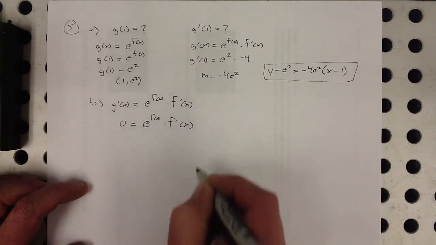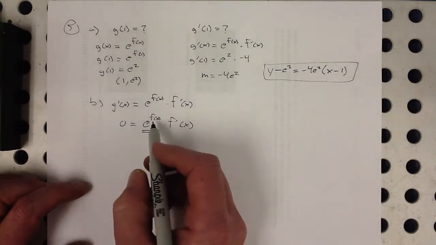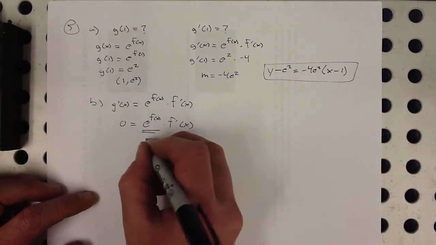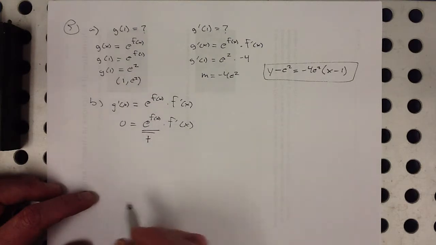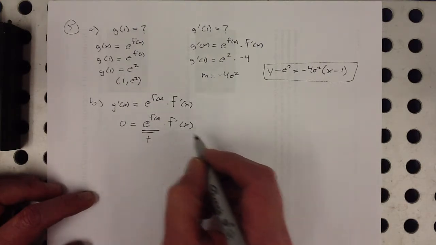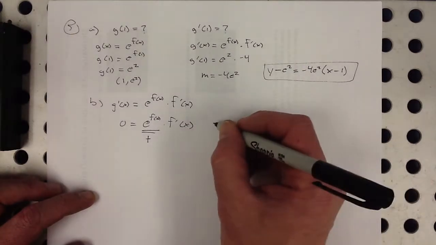Well, we've actually seen this kind of thing before. No matter what you raise e to, positive numbers, negative numbers, 0, fractions, whatever, this is always positive. e to the some power is always positive. So really, all we're looking at is f prime of x. So when is that equal to 0?